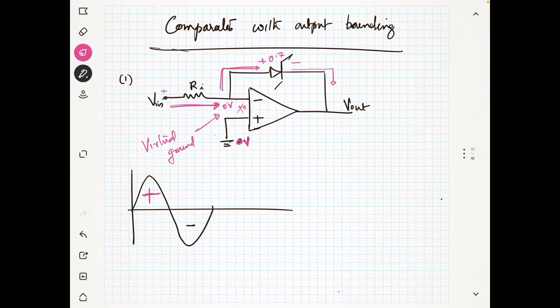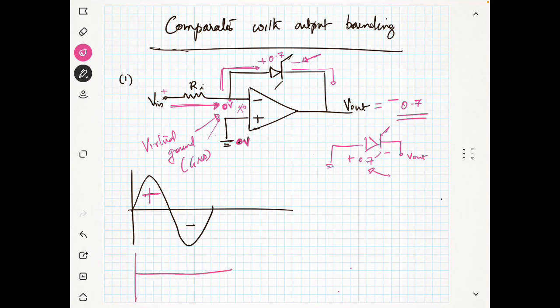The polarity here is minus, the voltage across the Zener diode is 0.7, and this point is 0, that means it is ground. This is a ground point, and this is also a ground point. So with respect to ground, this is your Zener diode, this is minus, this is plus, this is 0.7, and this is your V out. So it will be nothing but minus 0.7.